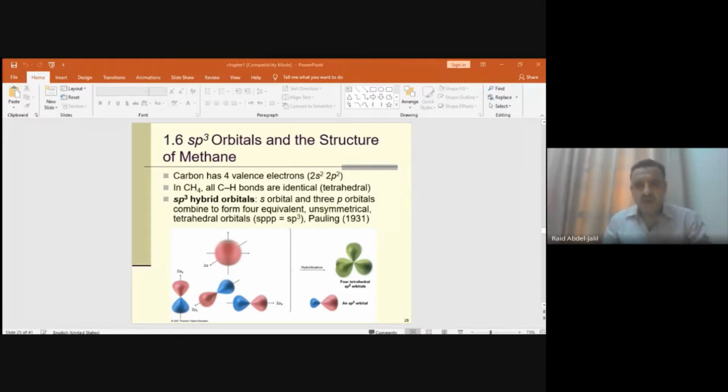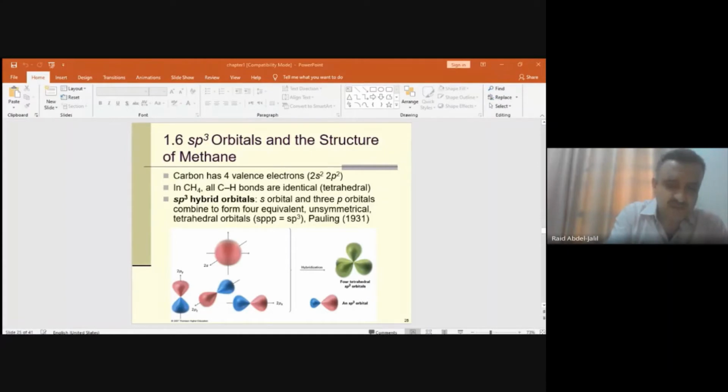Now, the hybridization is actually 2 steps. The first step is the transfer of 1 electron from the 2s to the 2p. Then the second step is the mixing of the 4 atomic orbitals and forming 4 equivalent orbitals, or molecular orbitals, each of which we call sp3. So we will have 4 sp3 hybridized orbitals.